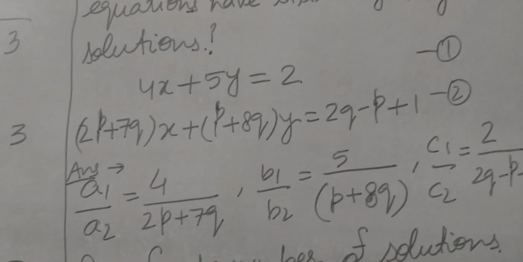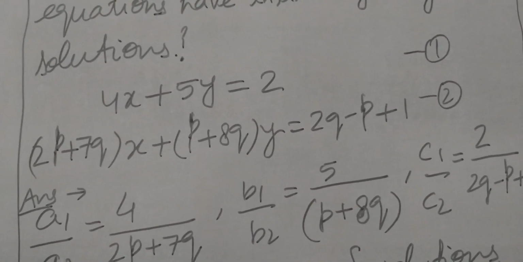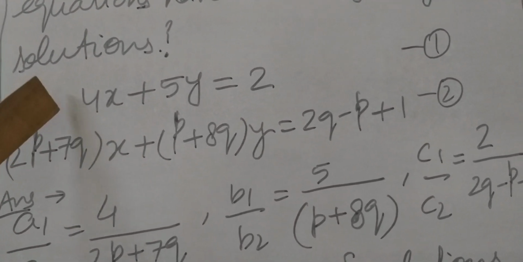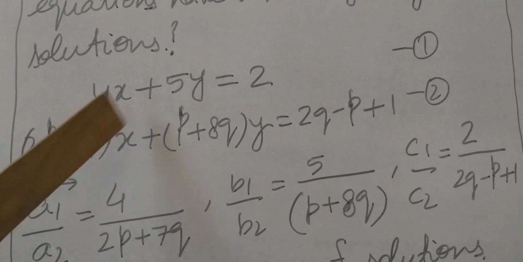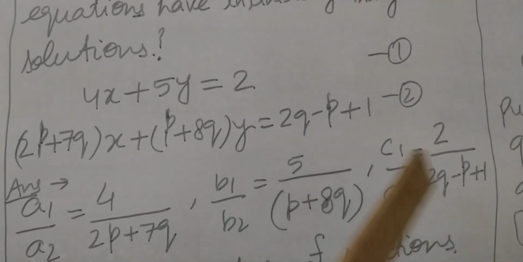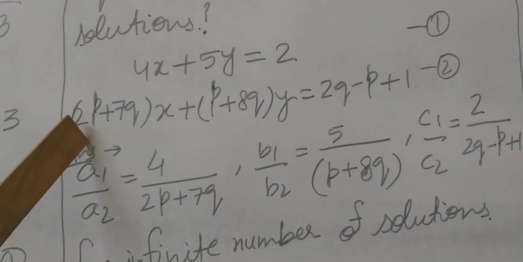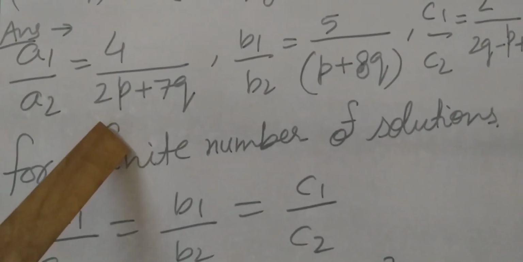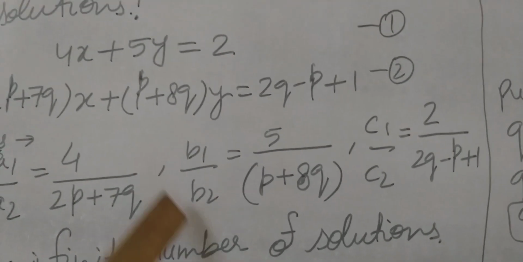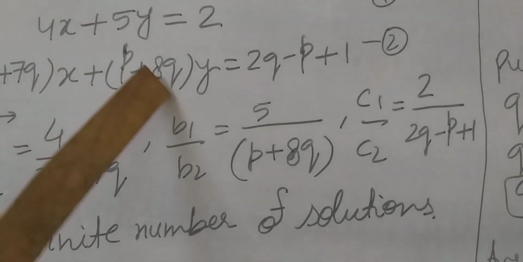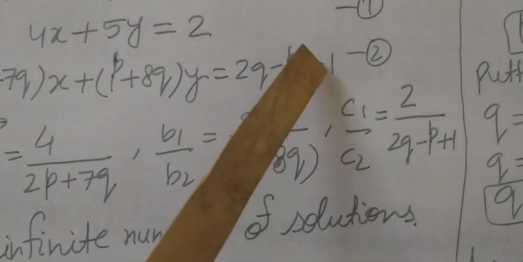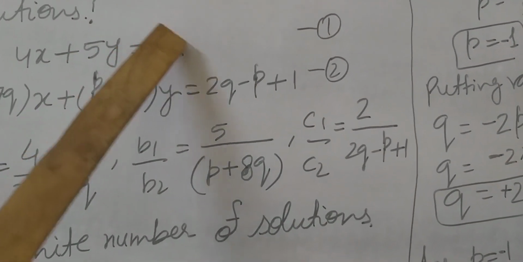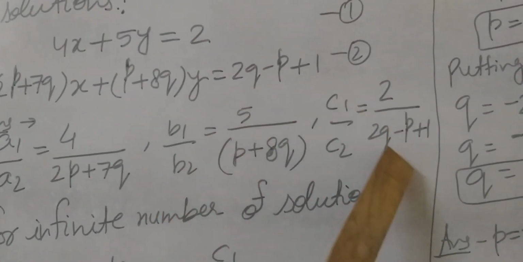Okay students, first of all we have to calculate a1 upon a2, b1 upon b2 and c1 upon c2. So what is a1 upon a2 here? 4 upon 2p plus 7q. b1 upon b2, students, 5 upon p plus 8q. c1 upon c2, students, 2 upon 2q minus p plus 1.